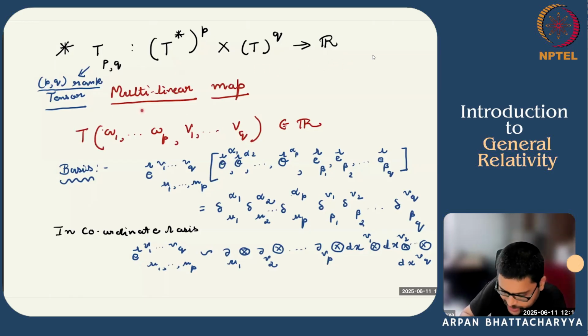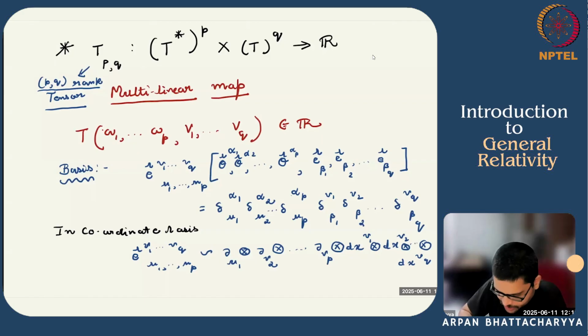Remember, this should be a multilinear map. So you can view this like a slot machine where in the first P slots you put omega 1, omega 2 up to omega P. These are one forms, so P one forms. Then in the next Q slots it takes Q different vectors, denoted by V1, V2 up to VQ, and this gives a real number R.